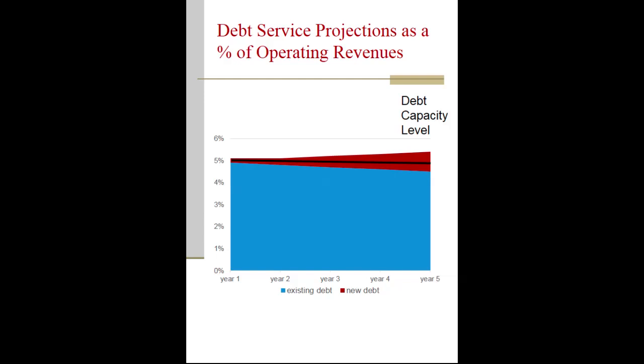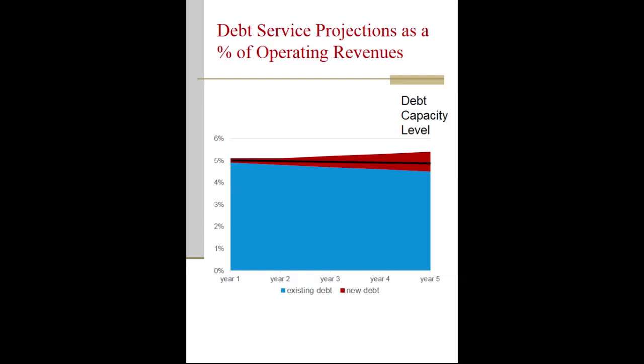But let's say they looked at the new debt needs and they analyzed what that would mean in terms of annual debt service and added it to the debt service for their existing debt. And that's shown in red. And as you can see, that puts them over their debt capacity level of the 5%.